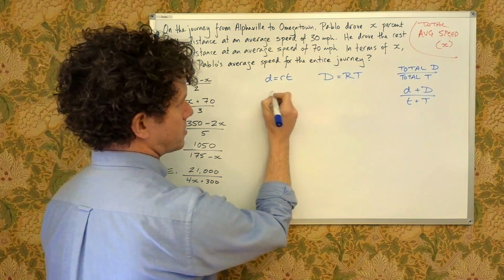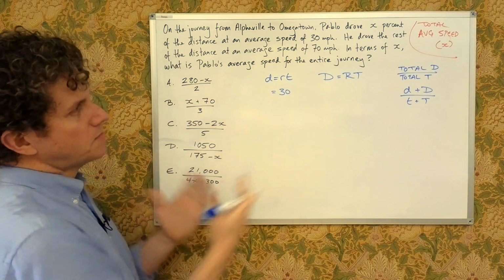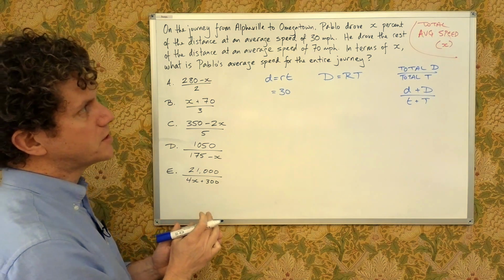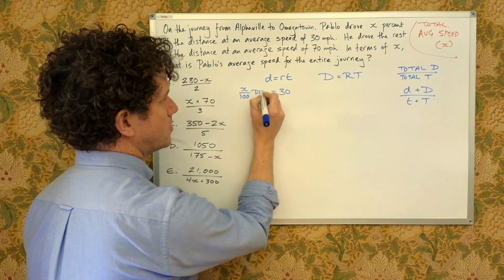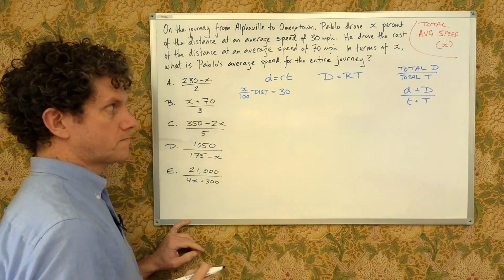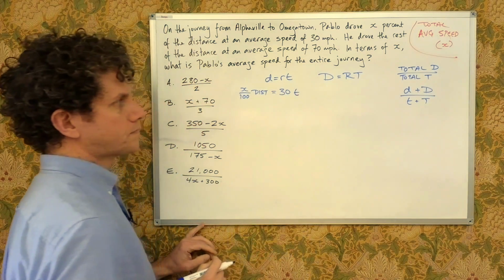The thing that is most certain is that we absolutely have the rate here, and we have some kind of information about the distance. It is x% of some total distance. Time as yet unknown.